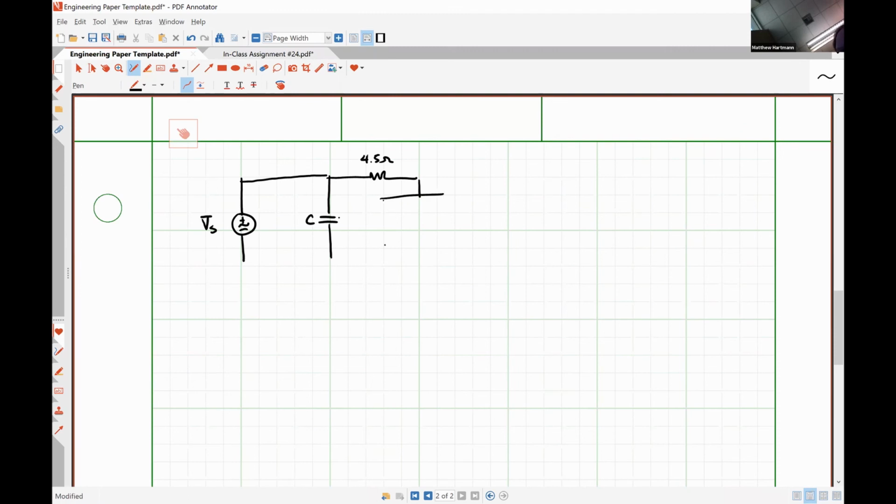And here we have a load. We are told that the load draws 12.4 kVA at a power factor of 0.58 lagging.